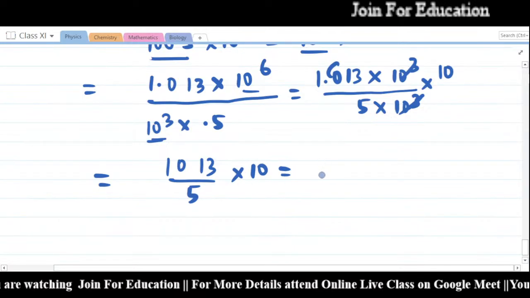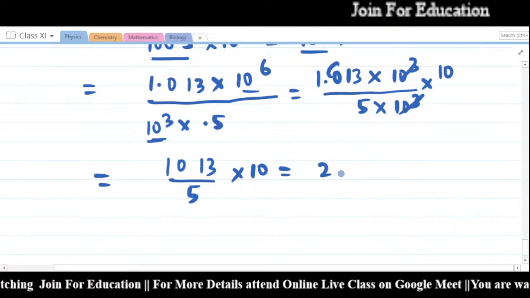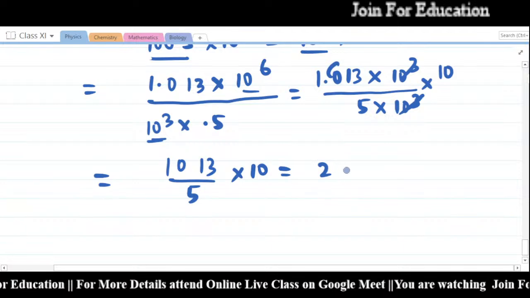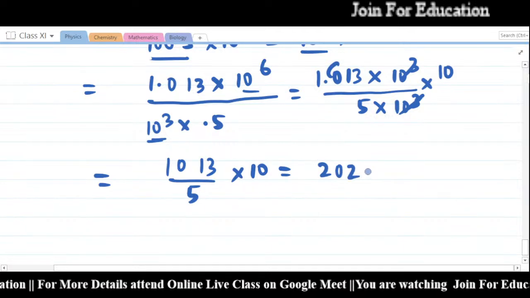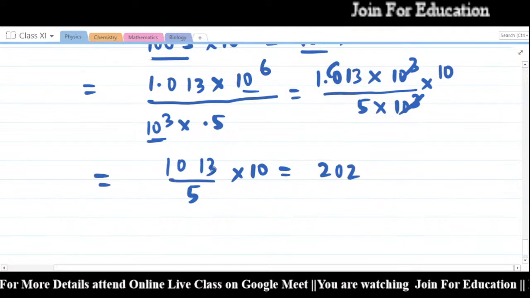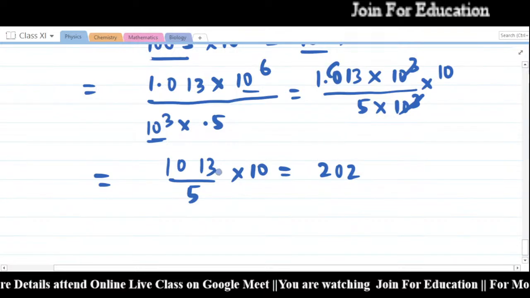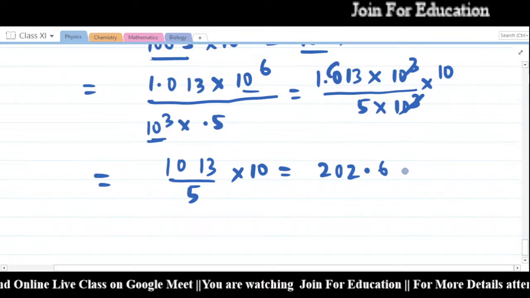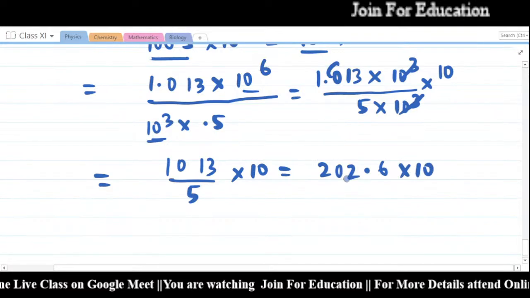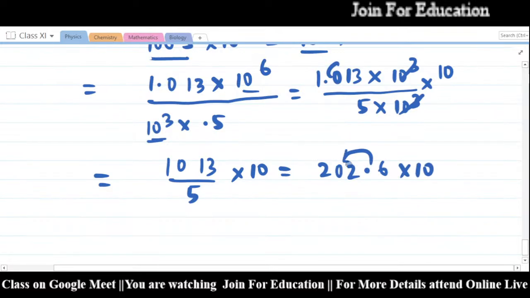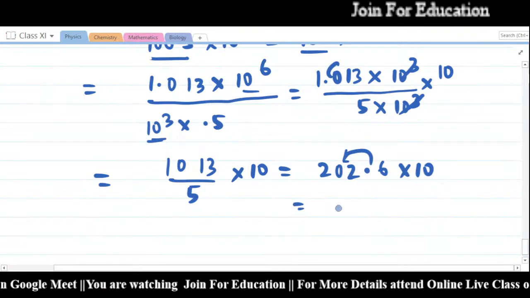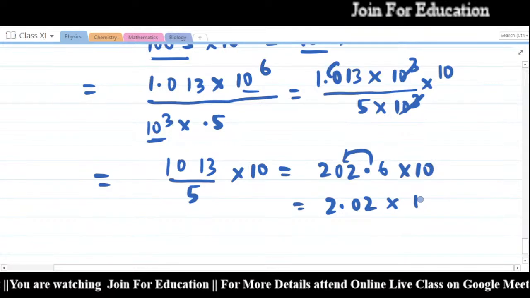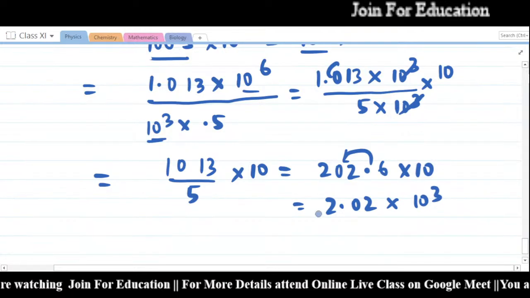When the decimal moves to the left, we get 2.02 into 10 to the power 3.